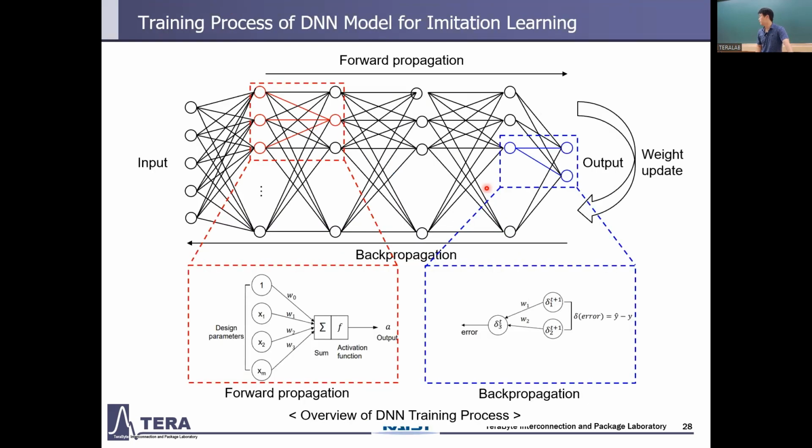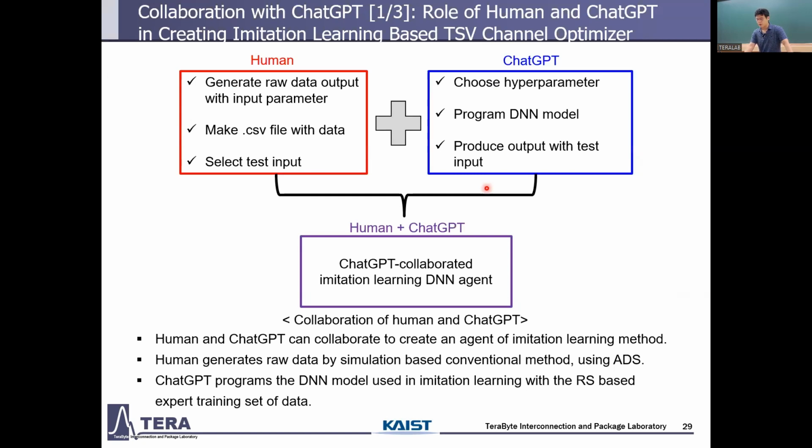So this is the brief process of the DNN model, but I guess the professor explained it, so I will just go over it. And to explain the collaboration with ChatGPT, I briefly showed what role we had. As a human, I generated the raw data output with input parameters with the ADS tool, made the CSV file with the data, and selected the test input, which is the fixed pitch of TSV.